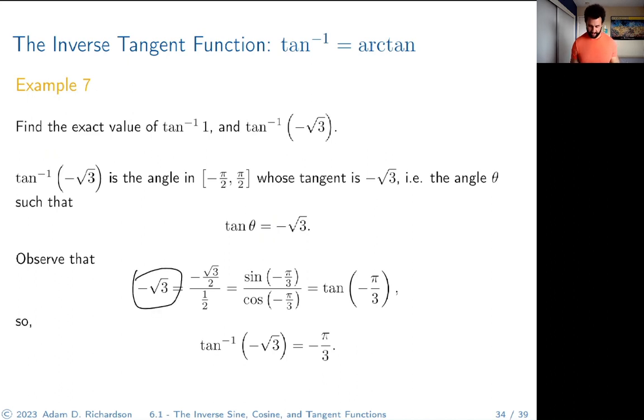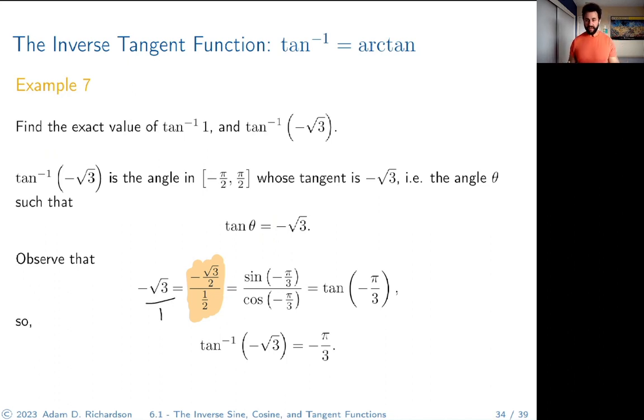We can rewrite negative root 3 as negative root 3 over 2 over 1/2. The 2's in those denominators will cancel, and you'd be left with negative root 3. You might even want to think about it as negative root 3 over 1.